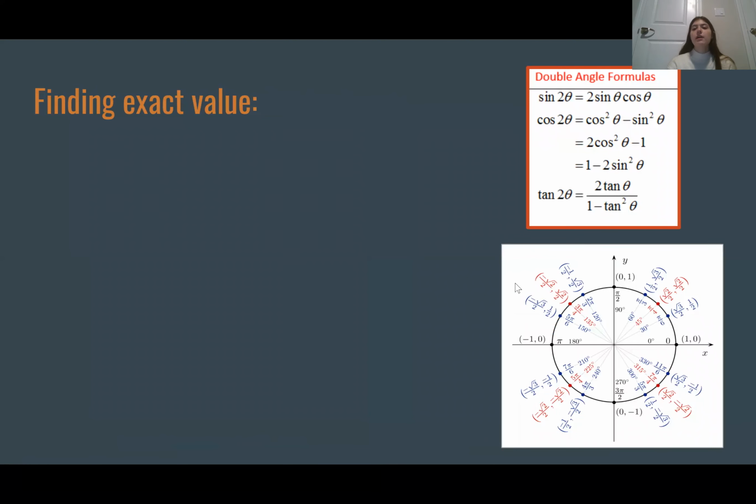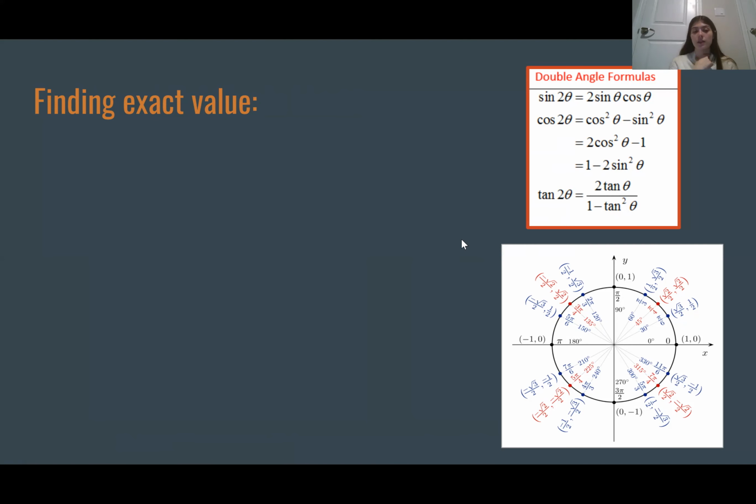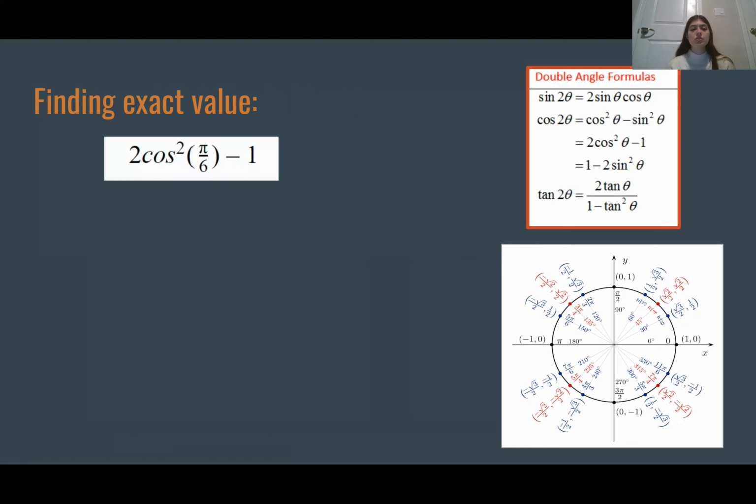All right, so let's talk about finding the exact value here. I'm going to move myself a little bit out of the way. Up here, just like before, we have the identities on top and then our unit circle, because to find the exact value we're going to be taking a look at the unit circle. So let's say we're given this problem: 2 cosine squared of pi over 6 radians minus 1.